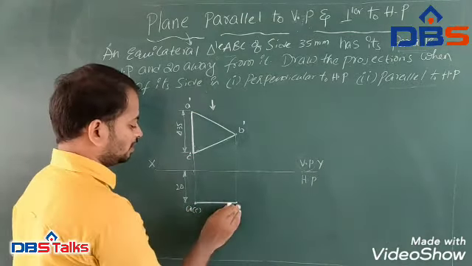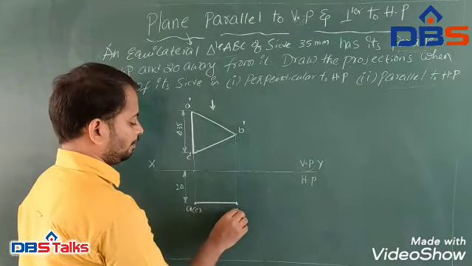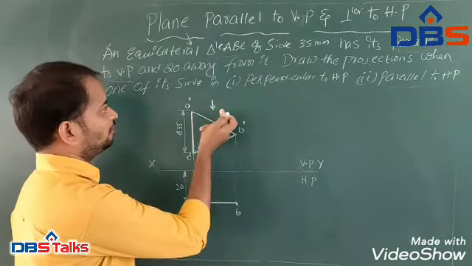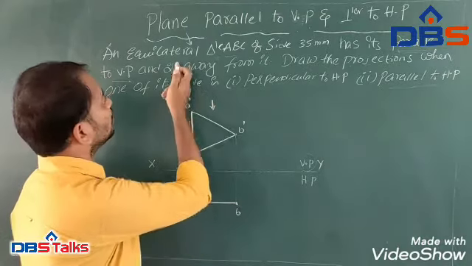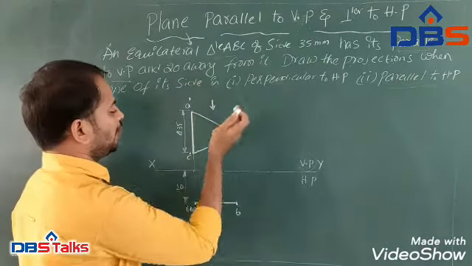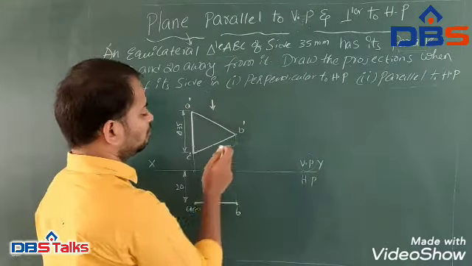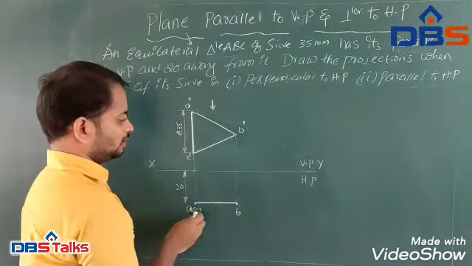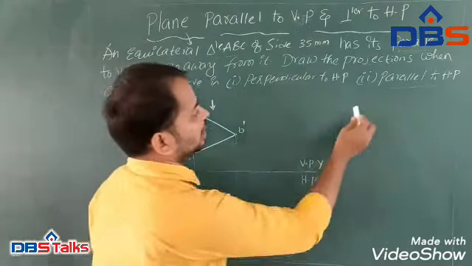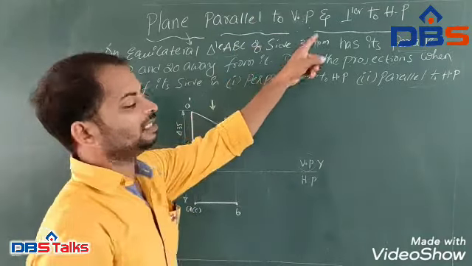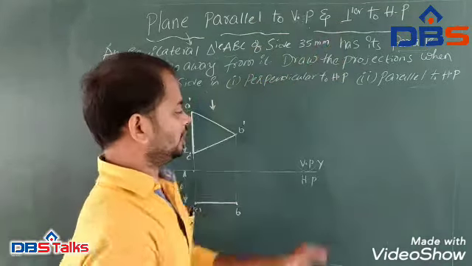This is the projection of the equilateral triangle which is parallel to VP and perpendicular to HP. Then coming to the next model, the plane parallel to VP and at the same time parallel to HP.